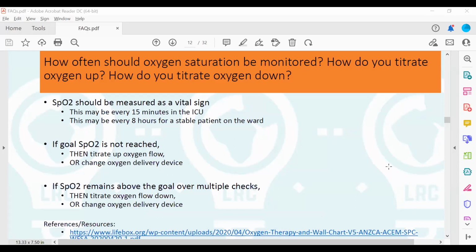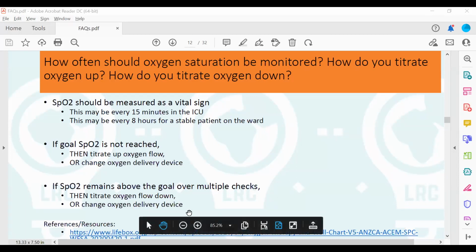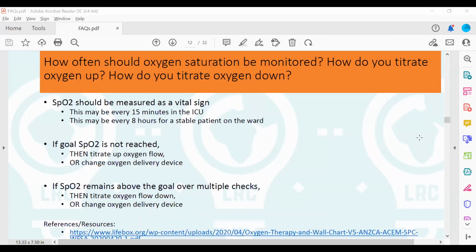As you said, this depends on where the patient is located. As you can see, a patient in ICU or a patient in a regular ward, maybe medical ward or surgical ward.